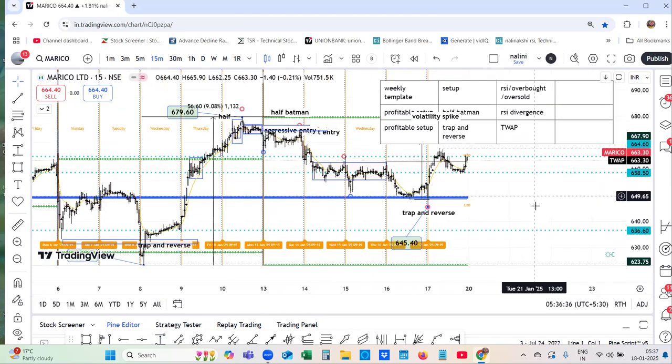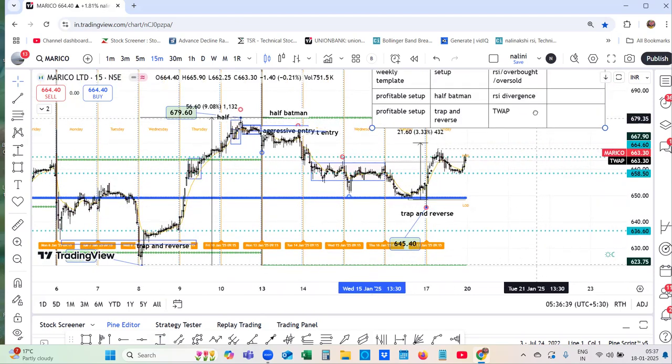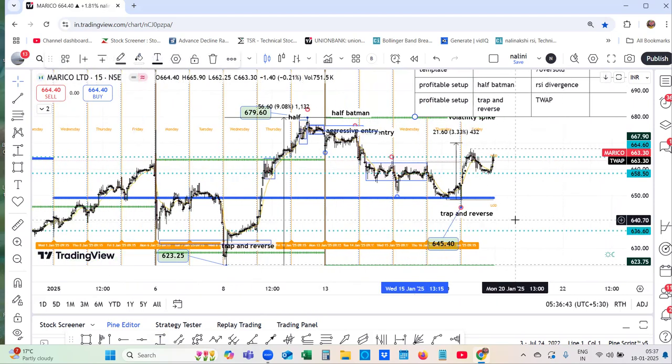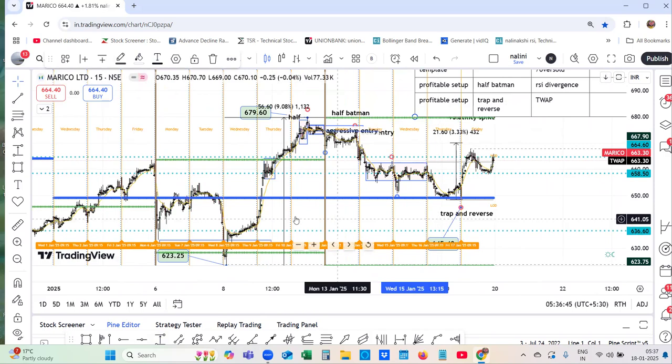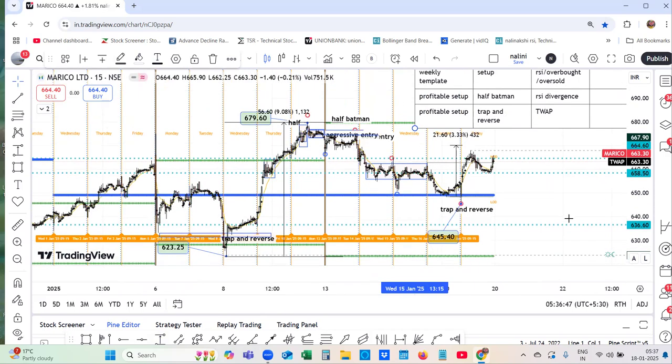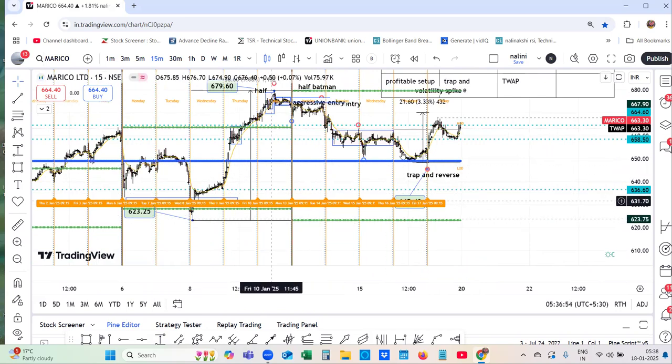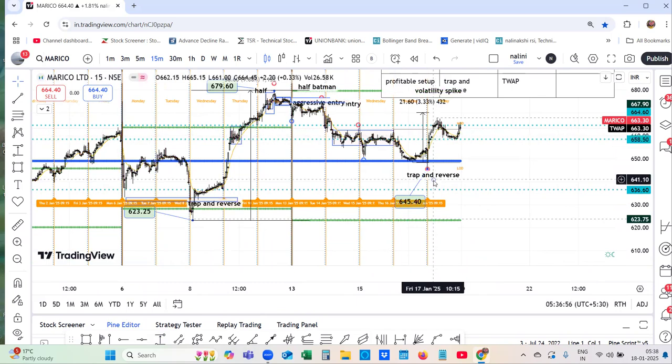Again, this stock is exhibiting the same type of trap and reverse. On which day? Thursday. Thursday, you have got this trap and reverse pattern. No, Friday, you have got this. So, end of the week, it has shown a trap and reverse, and it has closed near.